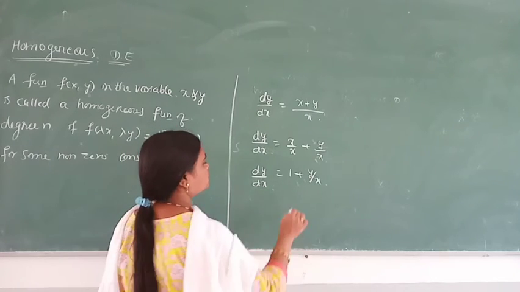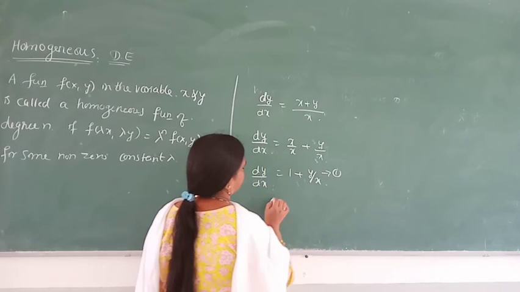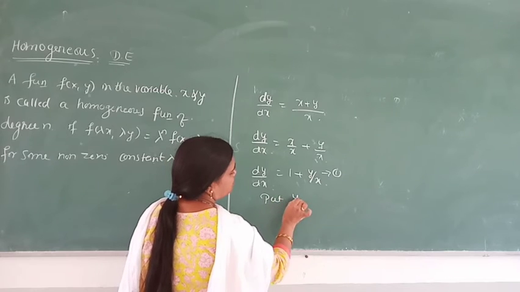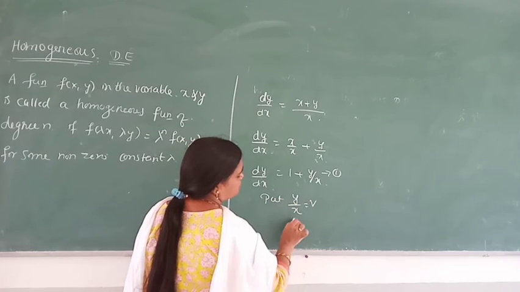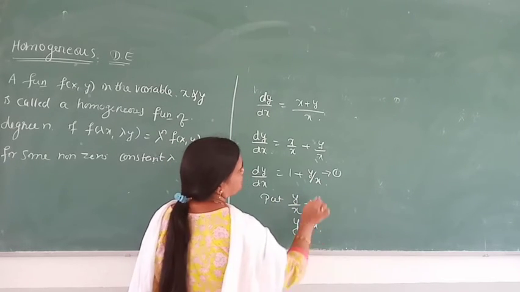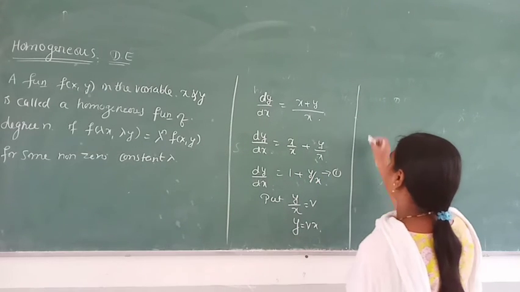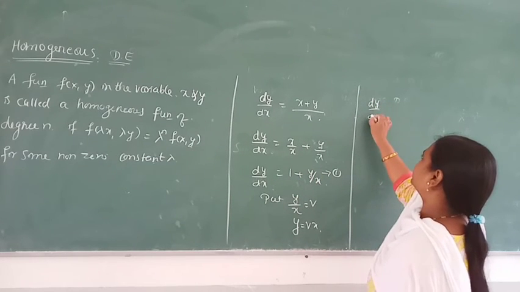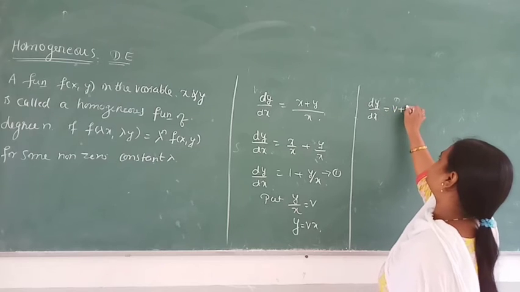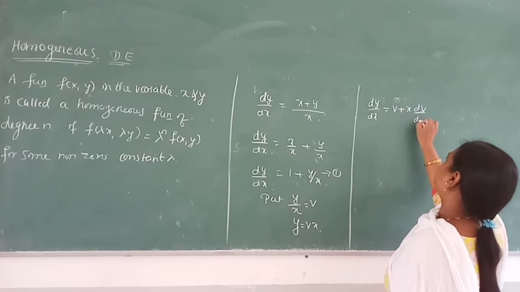Therefore put y by x is v, meaning y is equal to vx, and dy by dx is v plus x into dv by dx, as already given in the working rule.